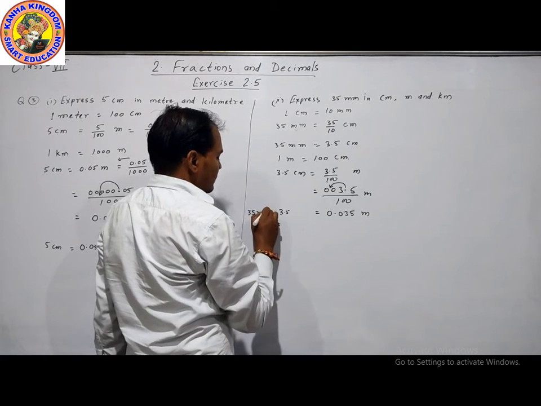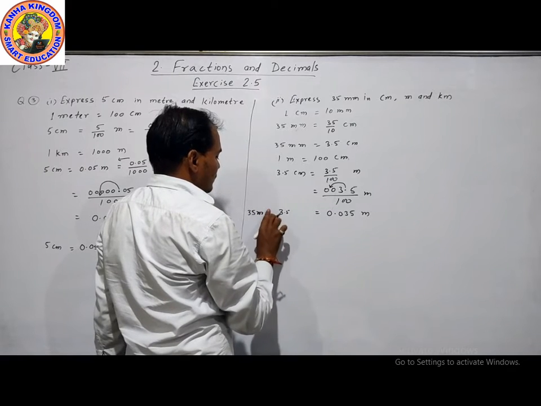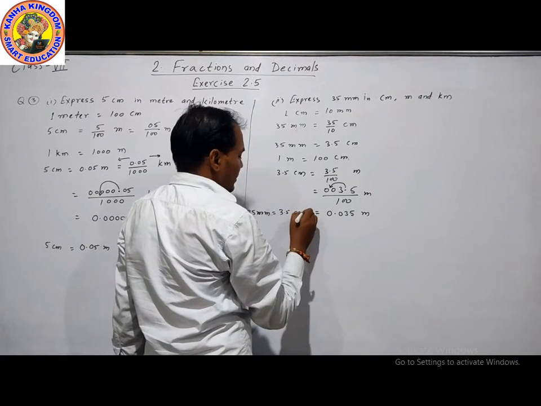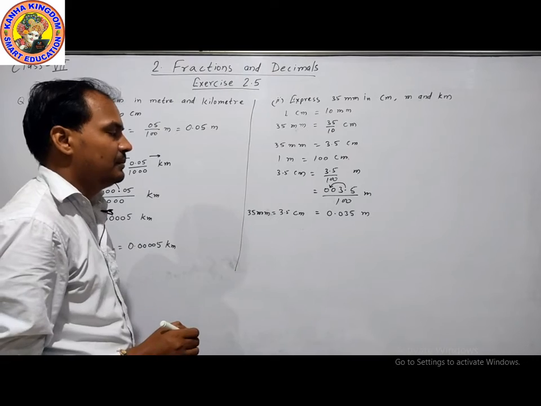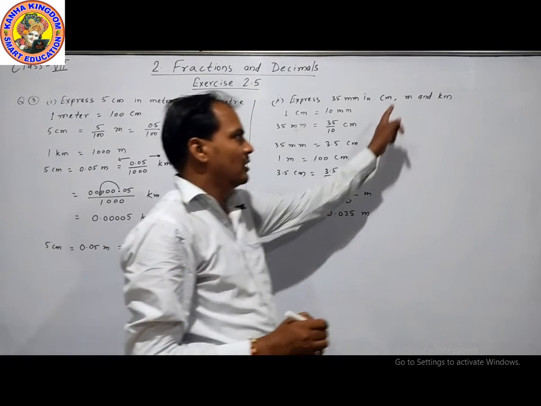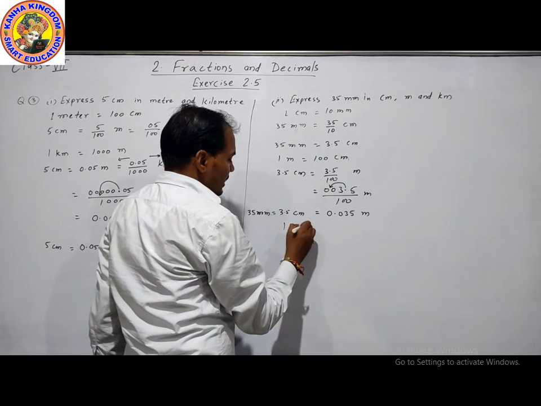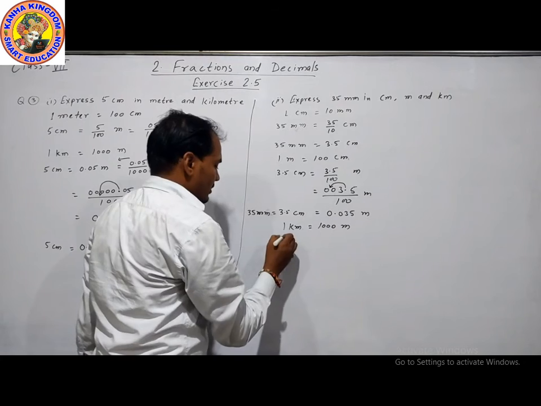This is our 35 mm is equal to 3.5 centimeter is equal to 0.035 meter. Now meter and kilometer. 1 kilometer is equal to 1000 meter.